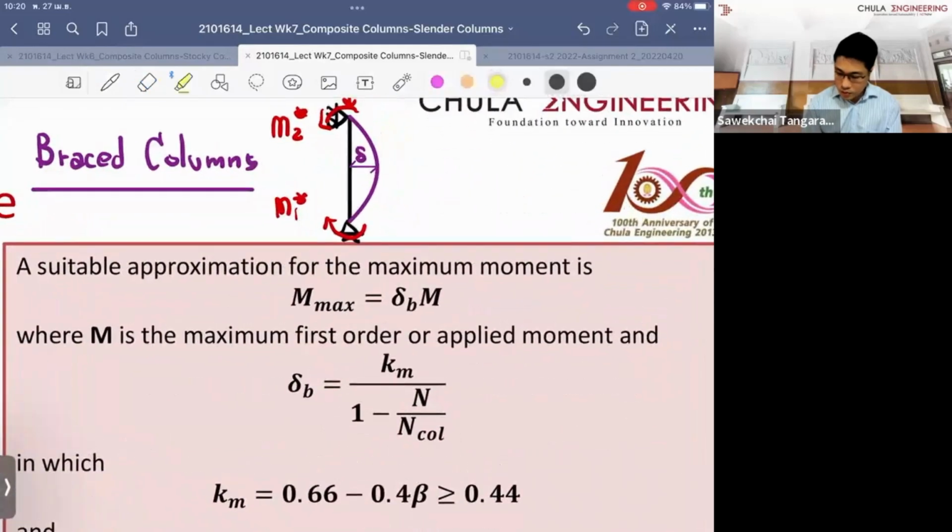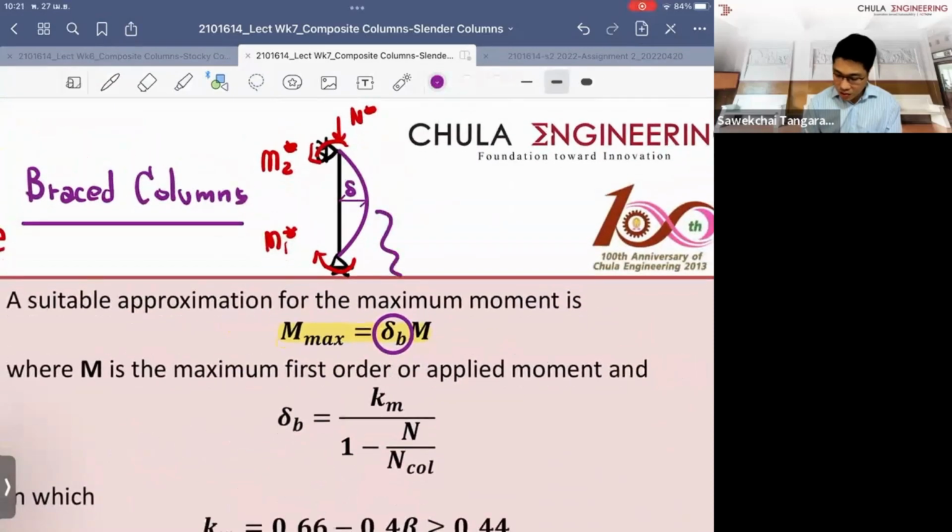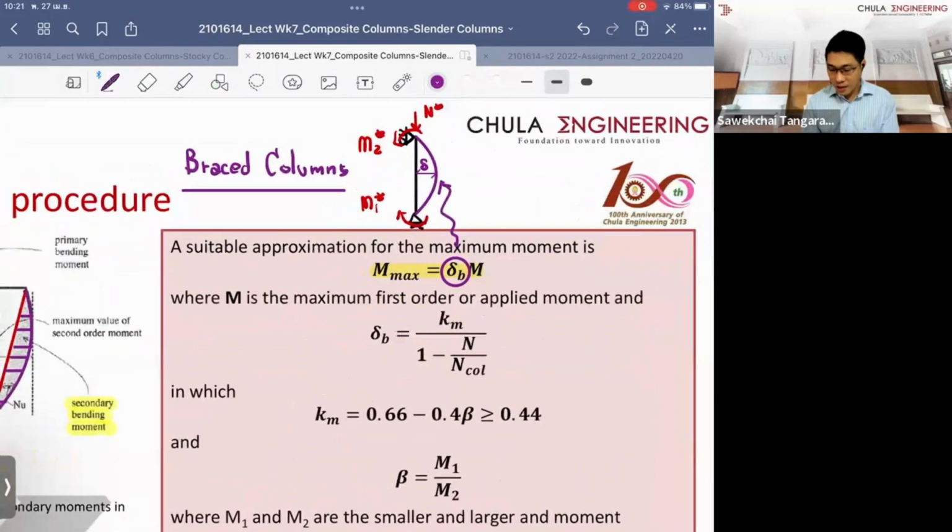I just say that we use this equation. So you magnify the value of the maximum bending moment, and this factor takes into account the secondary moment or the P-delta.